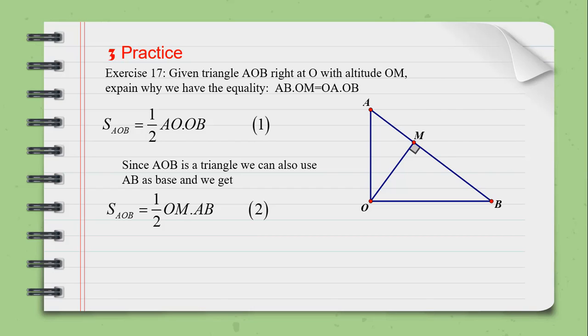Since these two are both the area of triangle AOB, they equal one another. Multiply both sides by 2 and we have what we need to explain: AB times OM equals OA times OB.